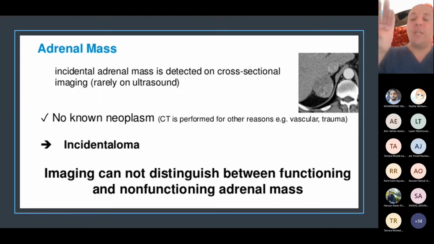So the three main functioning conditions of an adrenal mass include Cons, Cushing's, and pheochromocytoma. So in order to distinguish between a functioning and a non-functioning adrenal mass, we need to order a biochemical profile that could help us exclude these three.